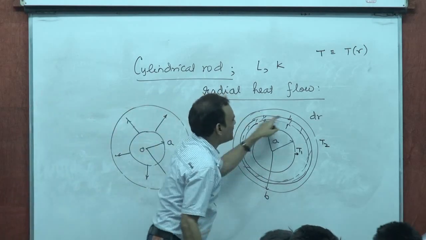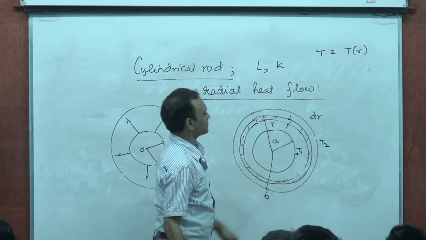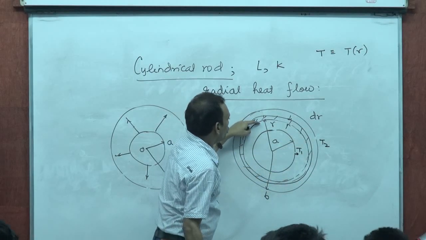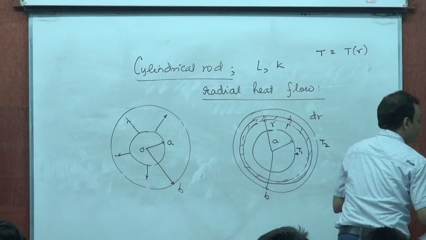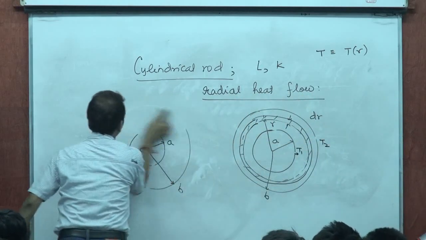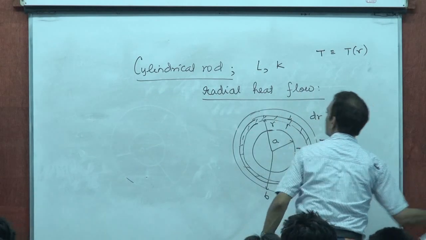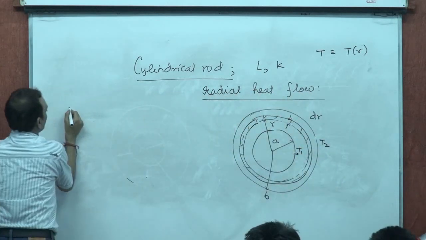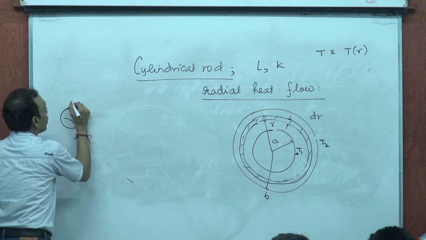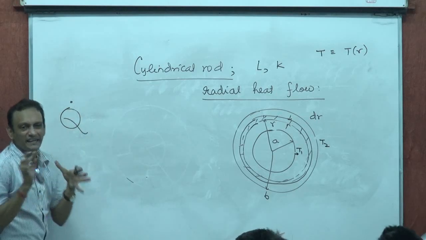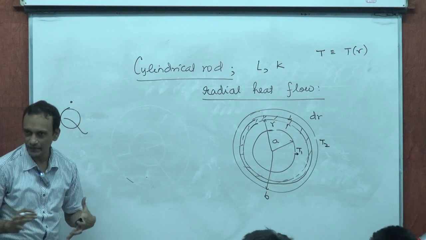Then at any given R, what would be the heat current associated with that R? The heat current associated with any given R, Q dot, that means watts, Q dot is like dQ dt, right?